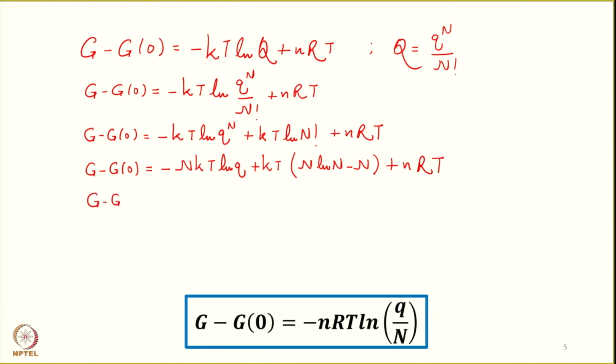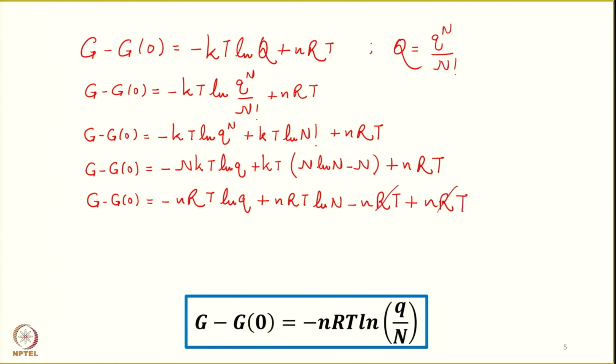Proceeding further, G minus G0, nk is equal to nR. We have discussed many times. nRT log Q plus nRT log N minus nRT plus nRT.